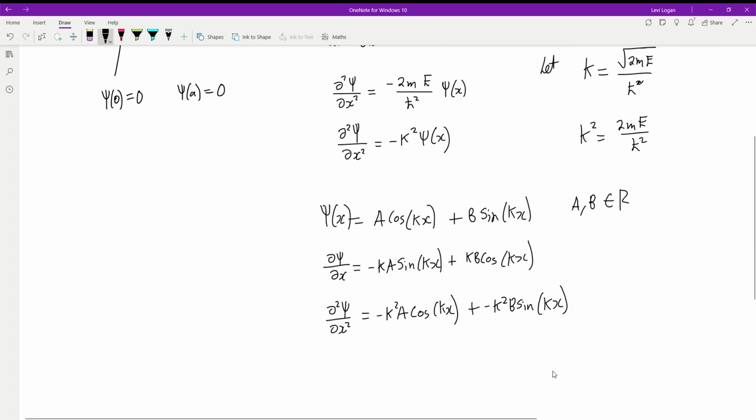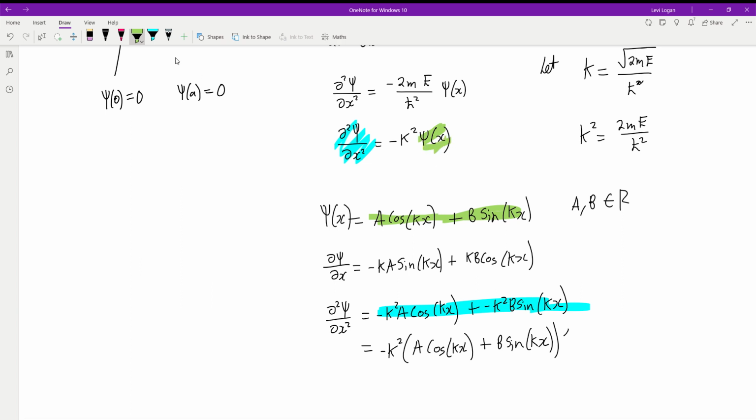Now you can see you can take out a factor of negative k squared. What we have here is our original function multiplied by negative k squared, which satisfies our differential equation. So if you were to plug this whole thing in, it would satisfy the equation. The left hand side will equal the right hand side.